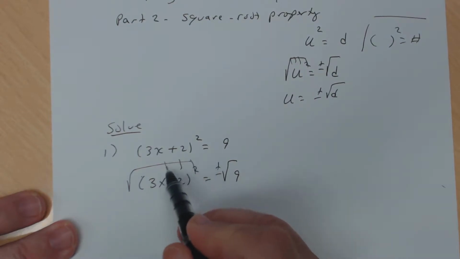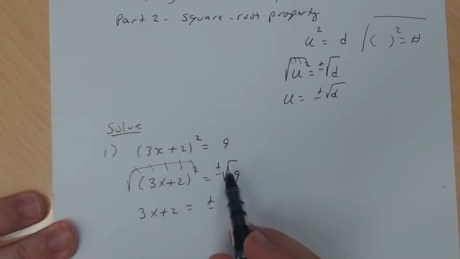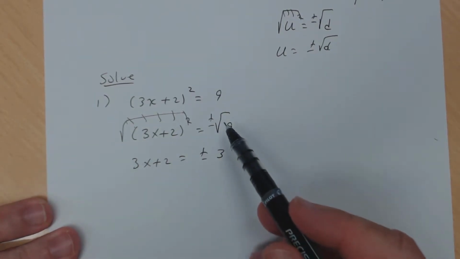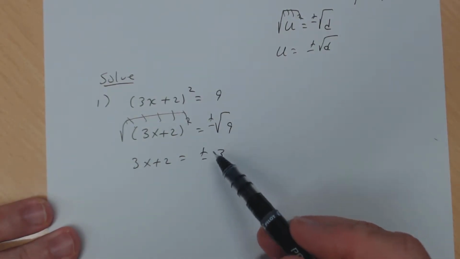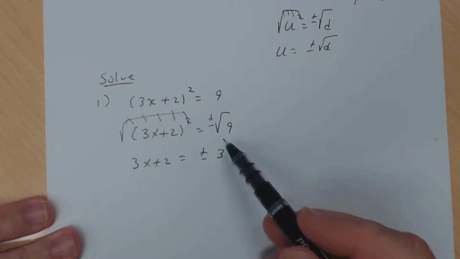And then the square and the square root undo each other. So you get 3x plus 2 equals plus or minus, and you should all know by now that the square root of 9 is 3. So you get plus or minus 3. Now notice that when I took the square root of 9, this became a rational number.